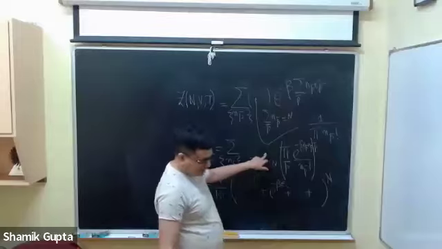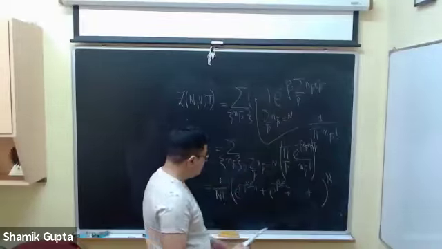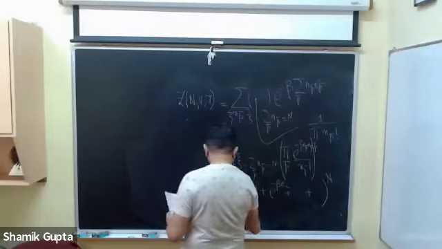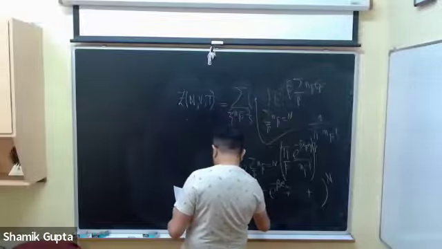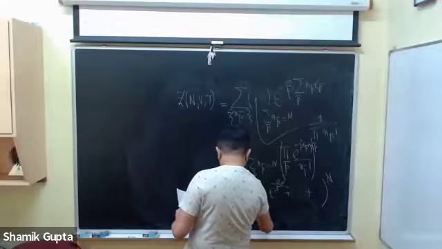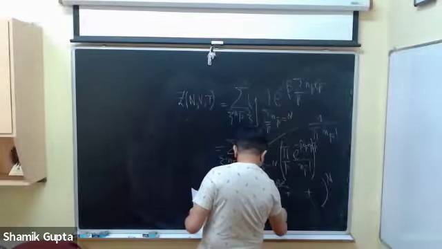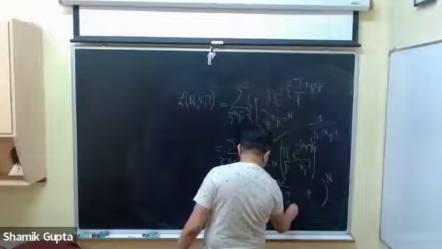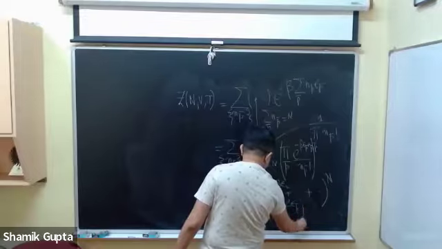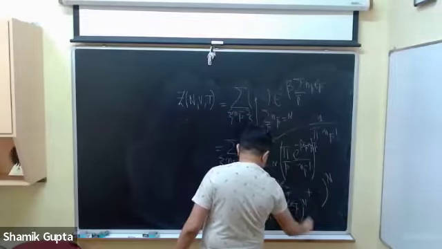This would look exactly like this. This we can prove in a minute, but this one is nothing but 1 by N factorial of the summation over p of e to the minus beta epsilon_p, to the power N.